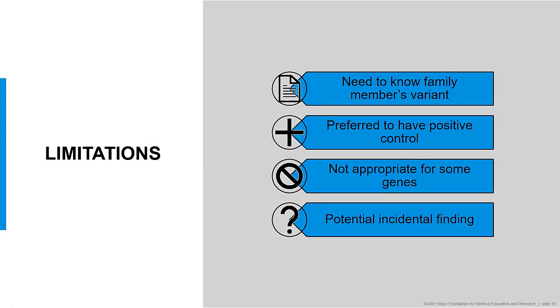Additionally, it is preferred to have a positive control, and without one, there may be a false negative result. Relatedly, some genes and variants are not appropriate for FMTT, as full gene, panel testing, or other methodologies may be more appropriate. Finally, because the testing looks at the genomic region encompassing the variant of interest, it is possible to find another incidental variant.